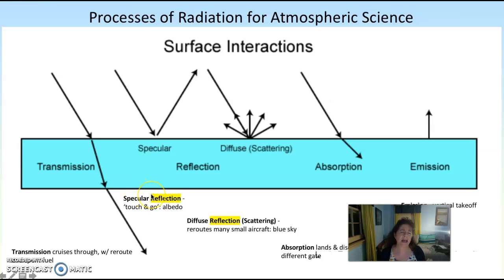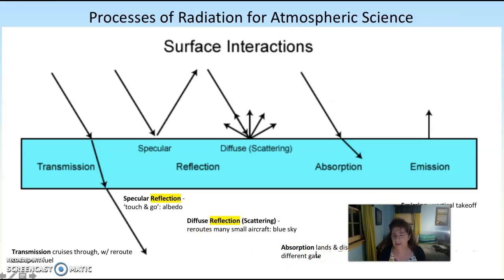Some of the rays can get deflected by or reflected by molecules, and that's called specular reflection. It refers to albedo in your book, or the reflectivity of rays. Another form of deflection is diffuse reflection, scattering, which is why the sky is blue, and we'll go over that in a second.